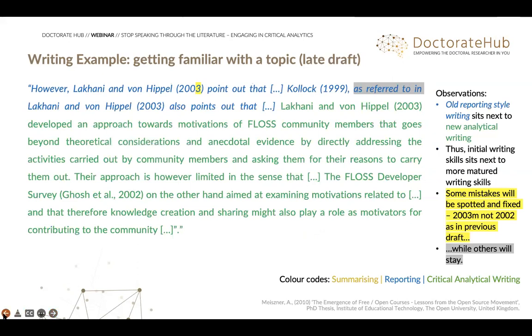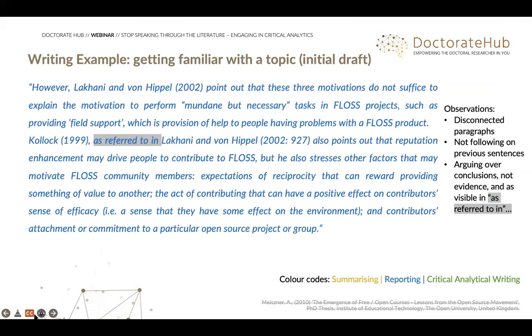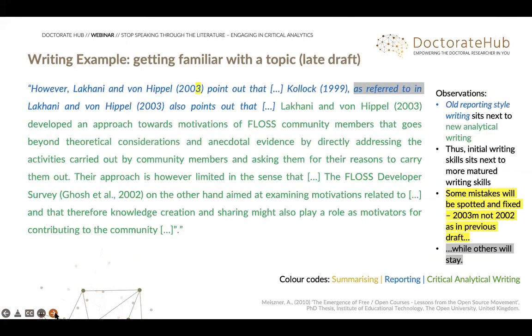And you see the same old writing as it emerges further. So some parts of the initial old reporting style have remained. Some mistakes have been fixed. If you see the year 2003 now, previously it was 2002, so there was a reference wrongly stated. But more importantly, you have now the new analytical writing, which comes in green, which sits next to the initial part, which still in parts is in there, but largely reduced.